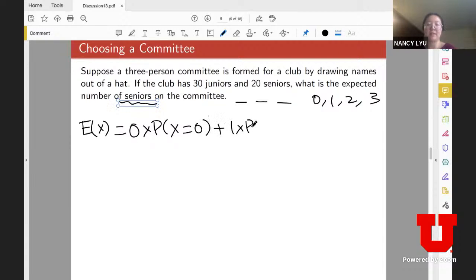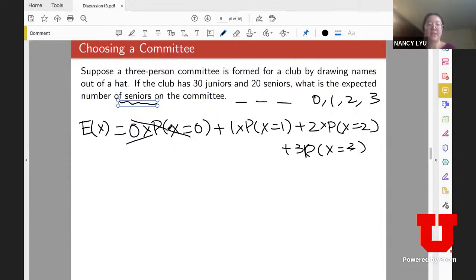If we write this out, this one is just going to equal 0. So we only need to compute the probability of when there's only 1 senior on the committee, 2 seniors, or 3 seniors.